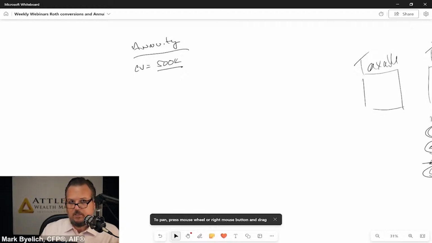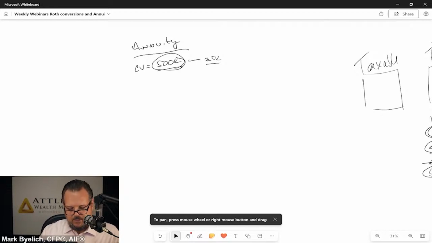With a mutual fund, stock, bond, or an ETF, that current value is what you draw from. So if you want to draw income off of that, you figure out the income that you need, and let's say you need $25,000, for example. That's drawn off of your $500,000.